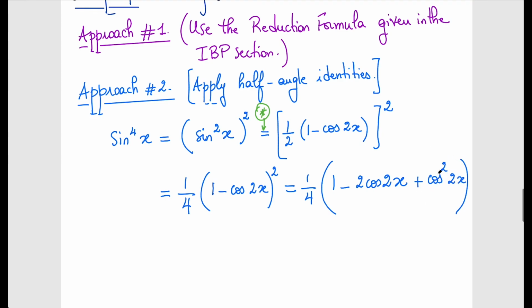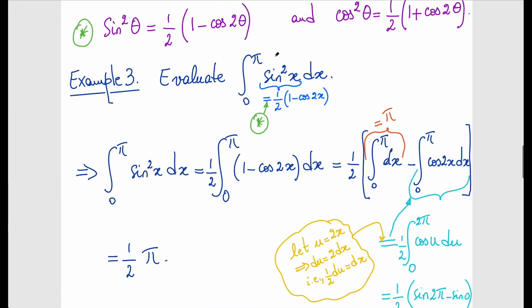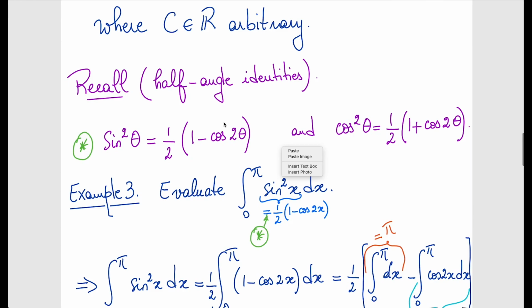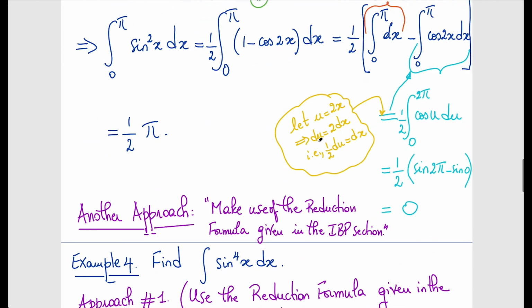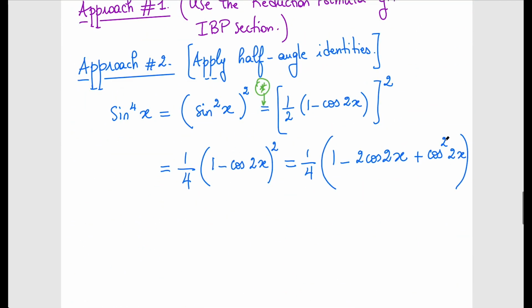So in order to integrate cosine squared of 2x, this is very much like integrating sine squared. And what did we do at the time? We also applied the half angle identity. So now we're going to apply the half angle identity, but the second one, because we're going to have cosine squared theta. So how about giving it the name double asterisk? This identity is labeled as double asterisk. I'm gonna use that to integrate cosine squared 2x.